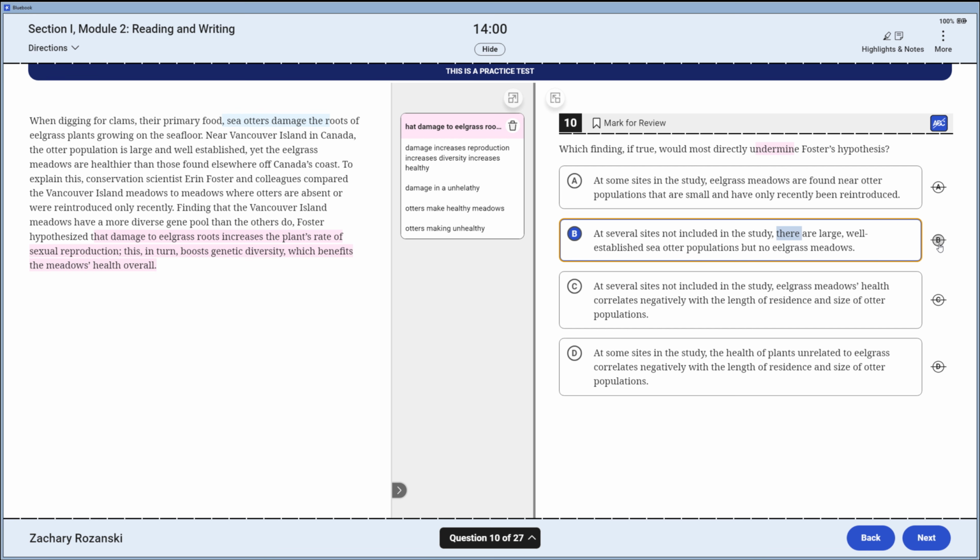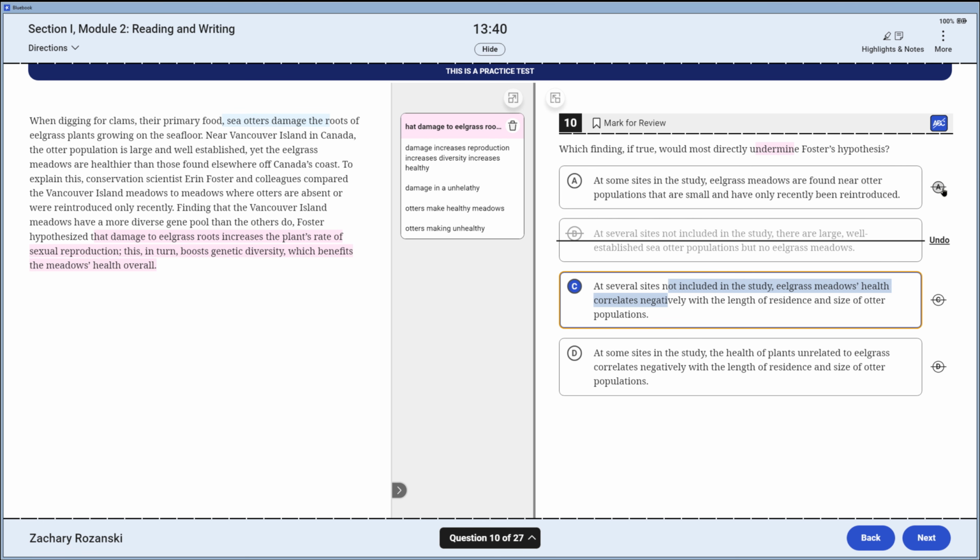It's merely that if otters are present in a meadow, then they greatly increase the health. So that falls. At several sites not included in the study, eelgrass meadows' health negatively correlates with the length and residency of otter populations. So the longer and larger otter population hurts the meadow's health. That's absolutely going to be the case. My statement about A not having a statement about health and being recent wouldn't be used to undermine anybody.